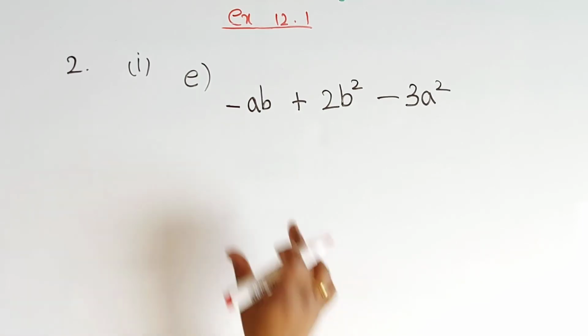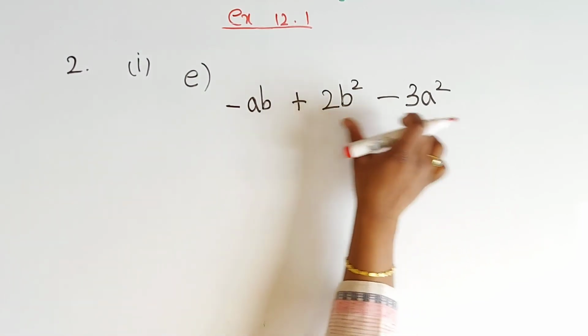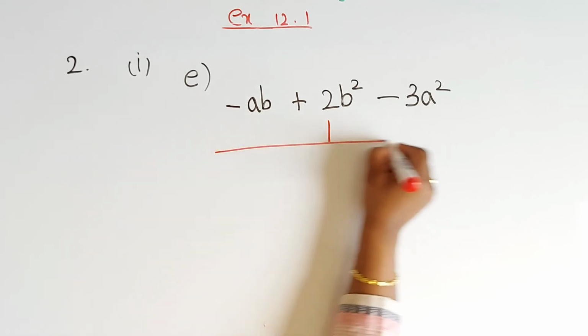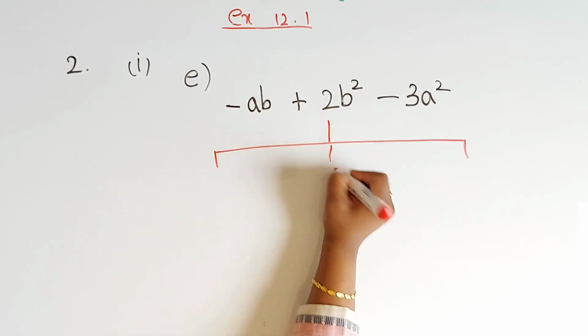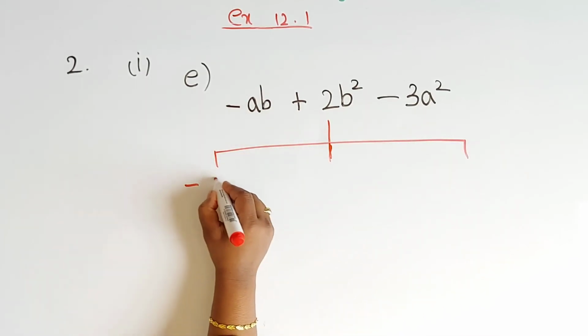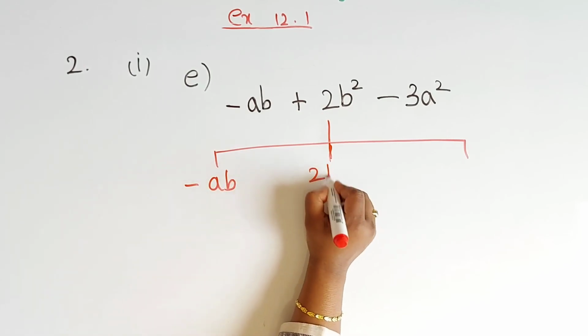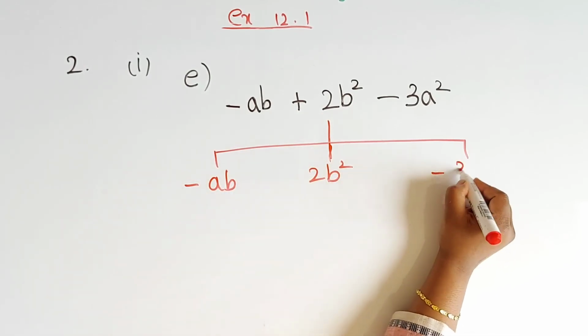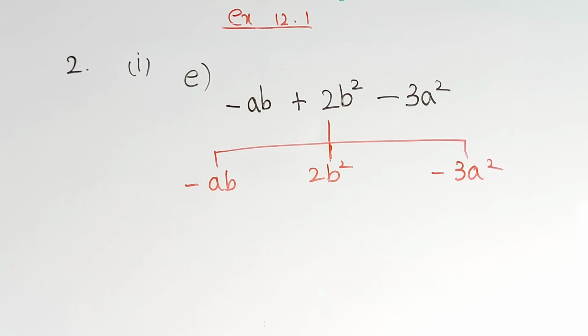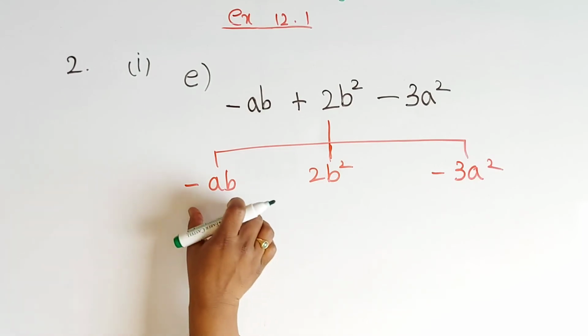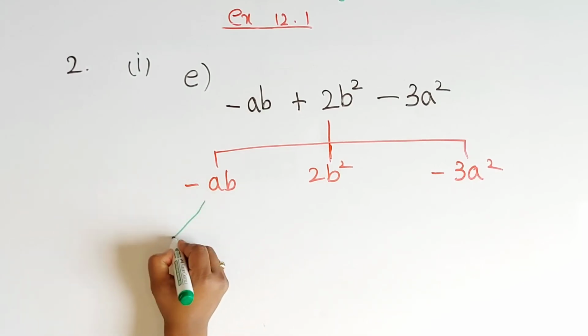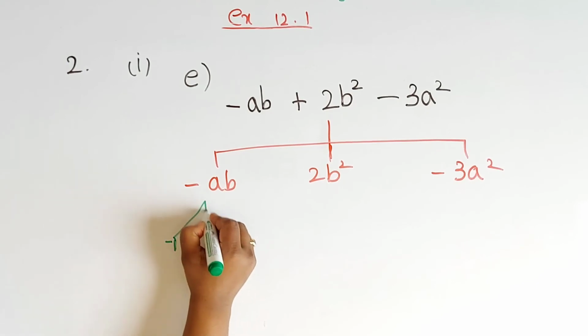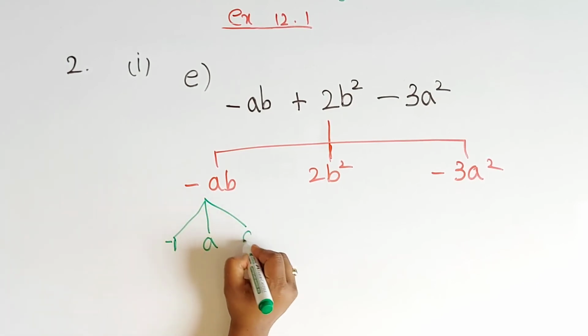Here we have 3 terms, children: minus ab plus 2b square minus 3a square. Just separate into 3 parts. First one minus ab here, 2b square here, minus 3a square here. Right. Again we can write minus ab as factors, that is minus 1 into a into b.